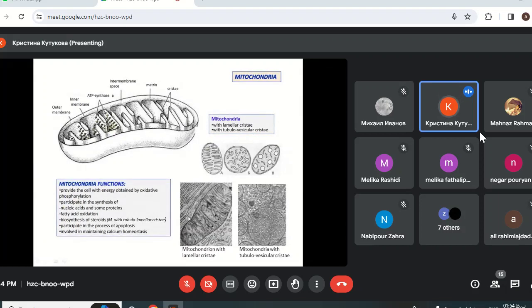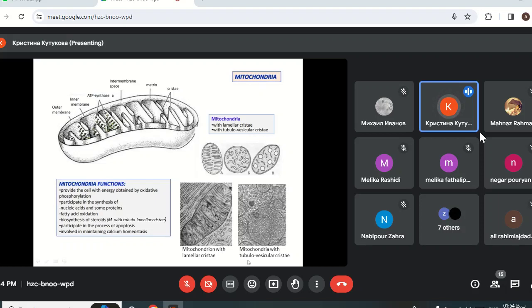This is how these types of mitochondria really look like in electronograms. So this one is mitochondrion with lamellar cristae. Here they are elongated structures, and in this picture you can see the mitochondria with tubular vesicular cristae, and you can see here these vesicle looking cristae.